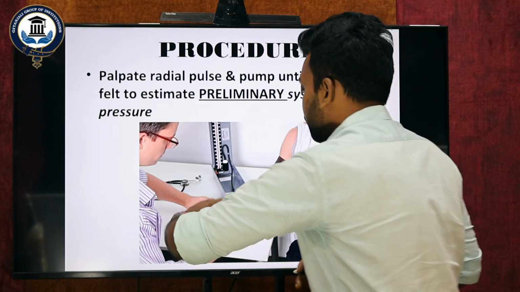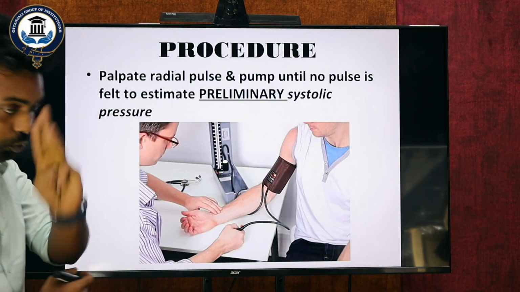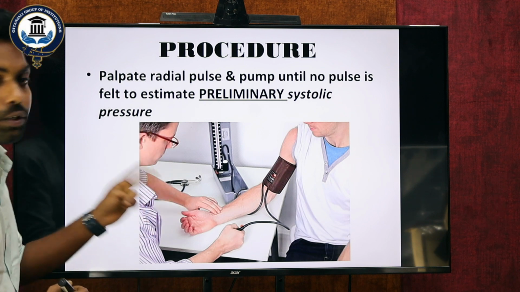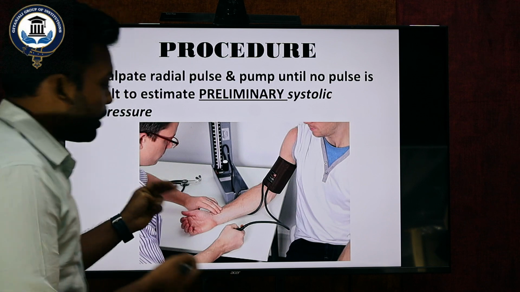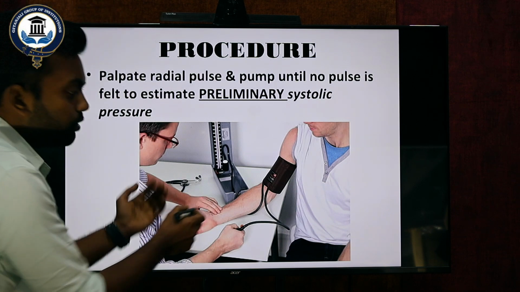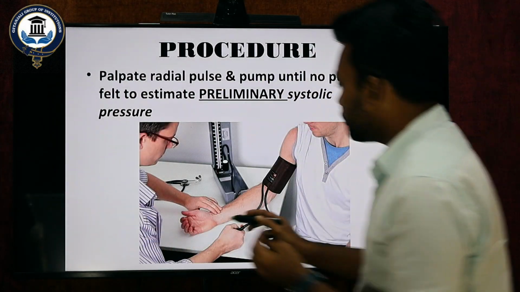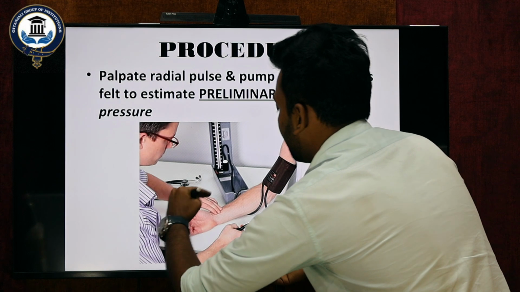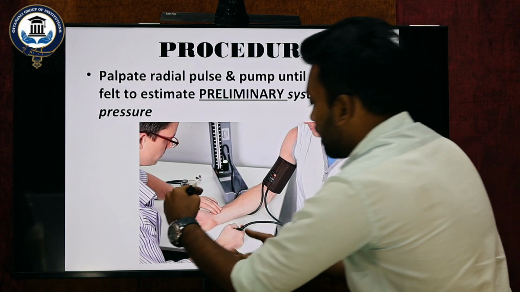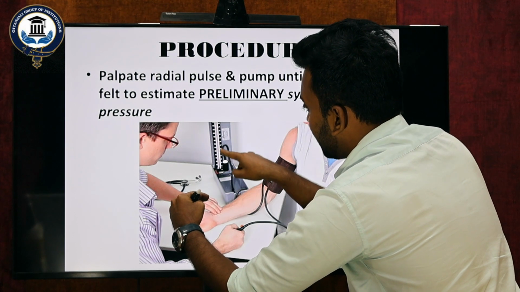The first thing is to place three fingers. Use only three fingers when you check the pulse. Not only the radial pulse, for every pulse you check, you must place three fingers on the artery. Then palpate it, you will feel the pulse, and you can pump it. Then the mercury will rise to a high position.